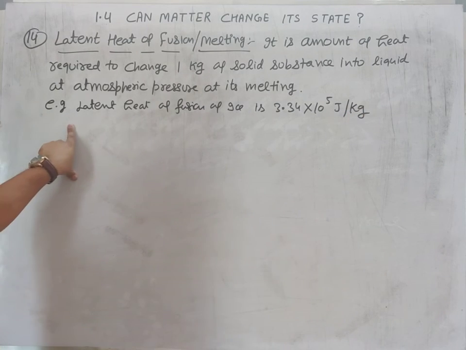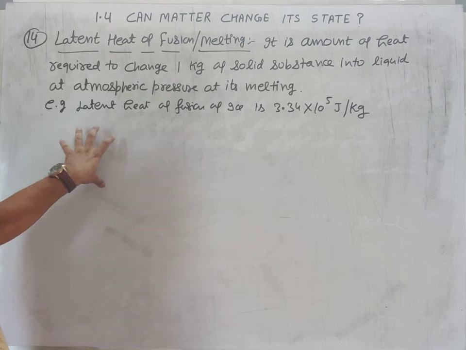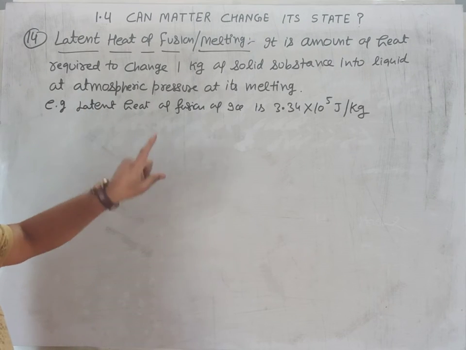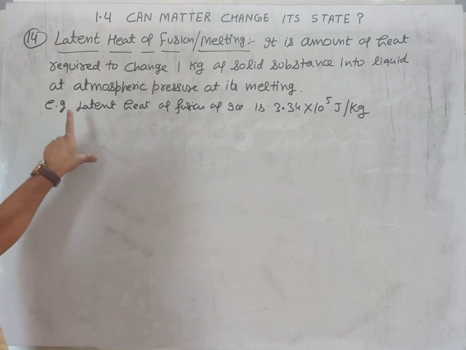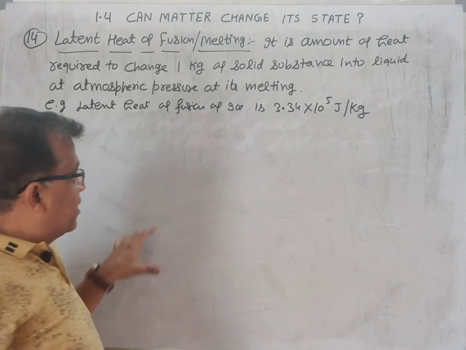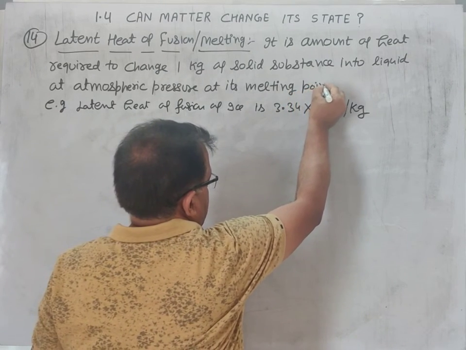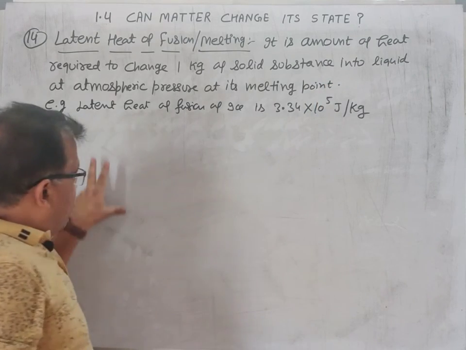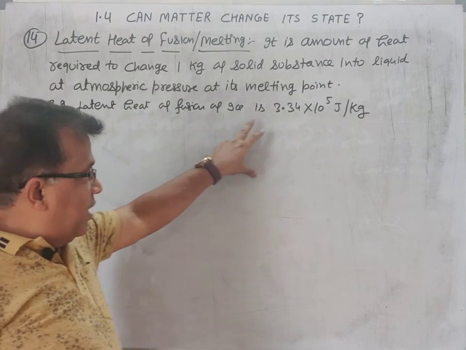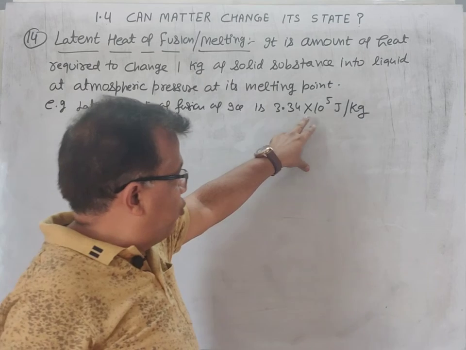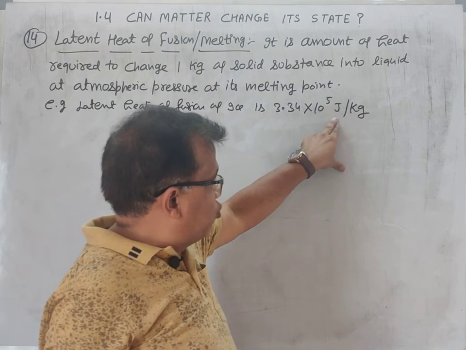So latent heat of fusion is the amount of heat required to change 1 kg of solid substance into liquid at atmospheric pressure at its melting point. Latent heat of fusion of ice is 3.34 × 10^5 joule per kg.